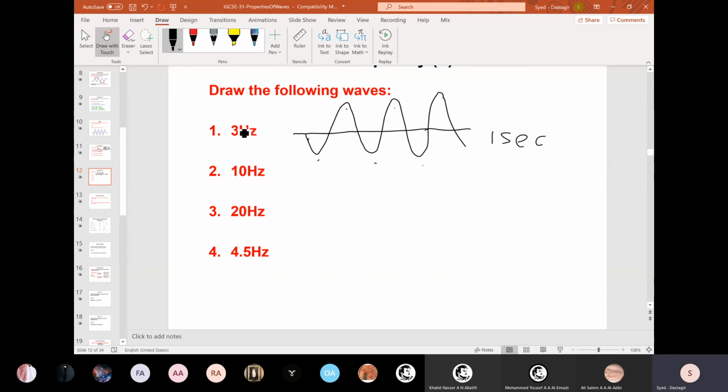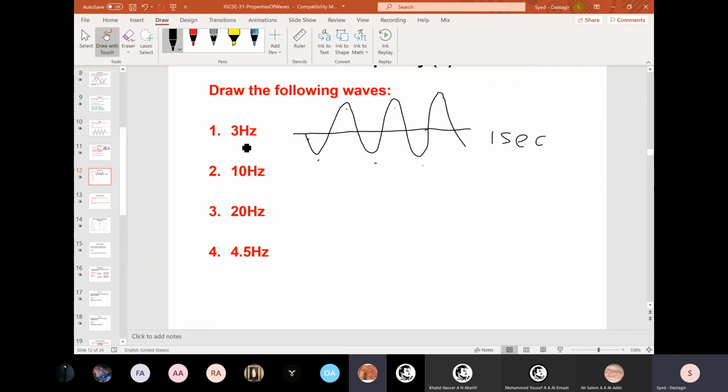So again, guys, frequency, all it means is the number of, you can tell me? Muhammad Yusuf, frequency means? Who's that? Abdul Rahman. Yes. Please.